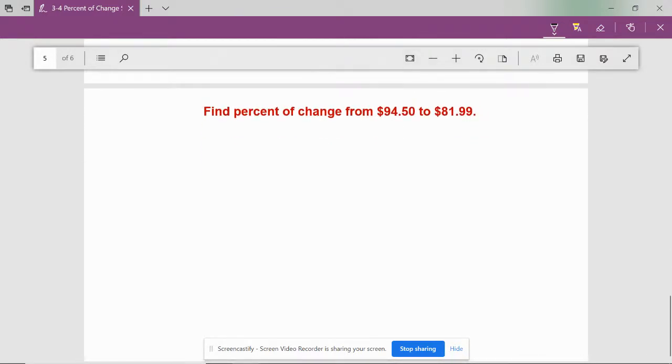We're going to find the percent of change from $94.50 to $81.99. We need to find our amount of change, so we take $94.50 and subtract $81.99, which gives us $12.51.